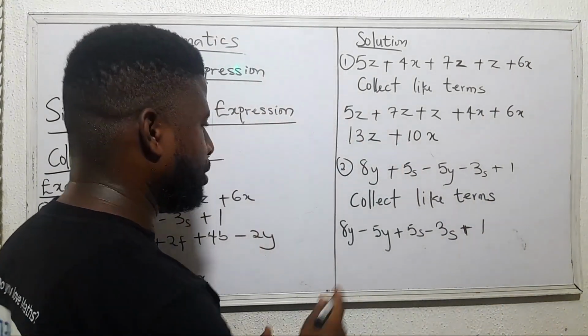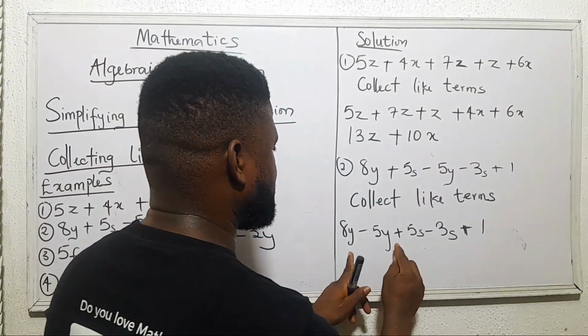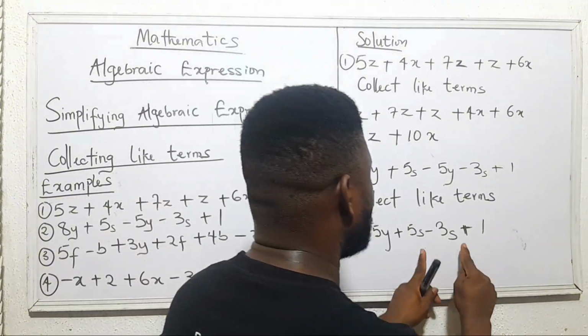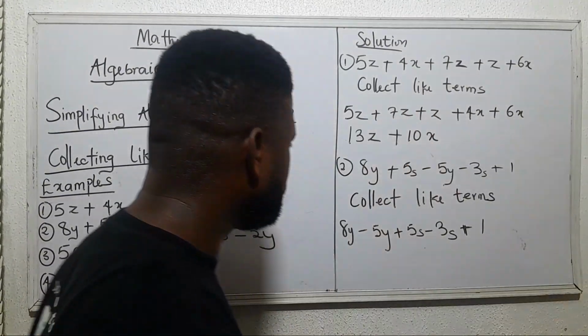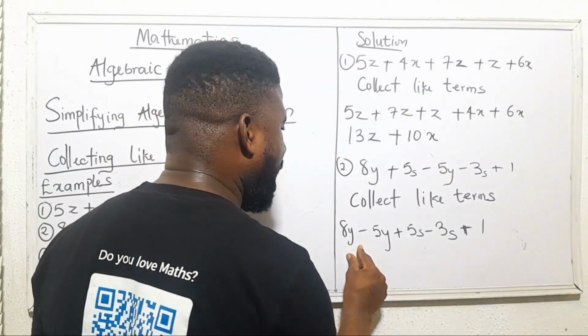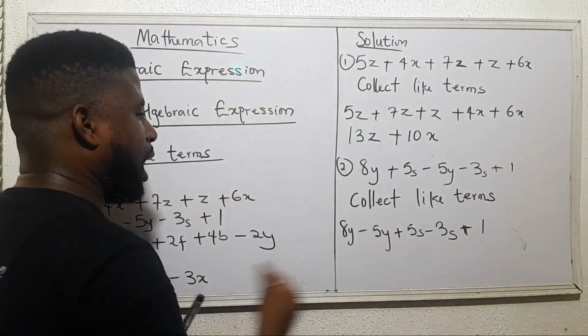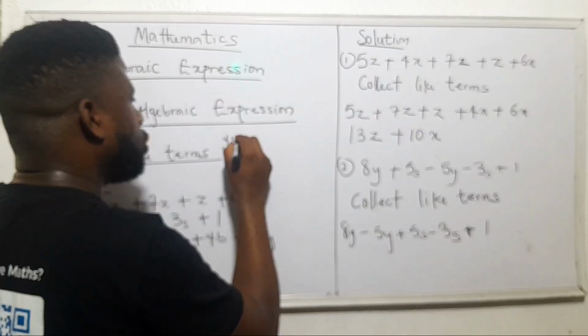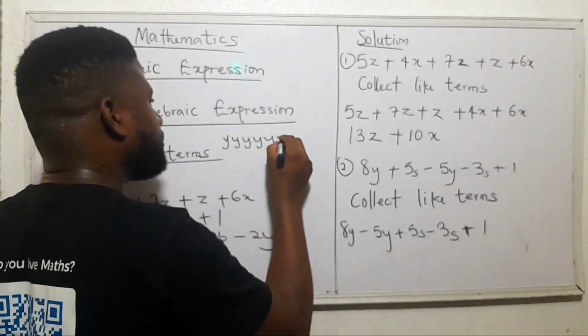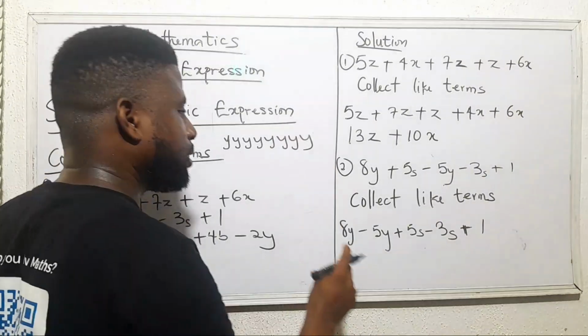So what do we do? We can then go ahead and simplify the y's, simplify the s's, and then of course we have the constant on its own. So we have 8y minus 5y. Now 8y is what I have. So I have 1y, 2y, 3, 4, 5, 6, 7, 8.